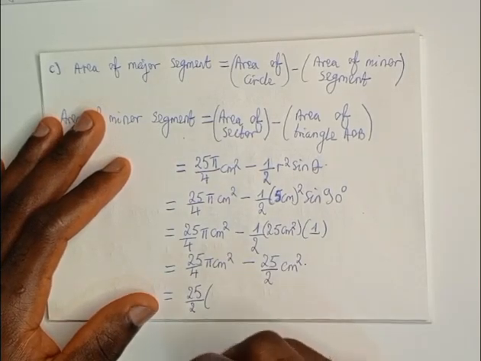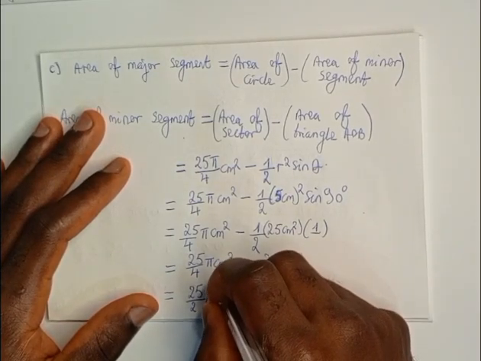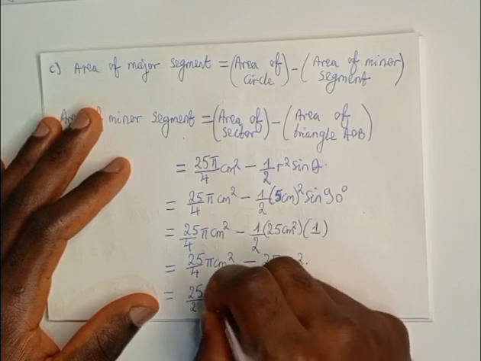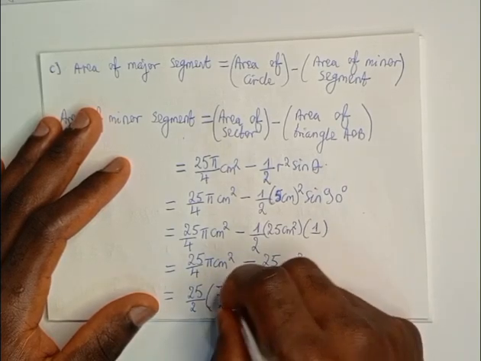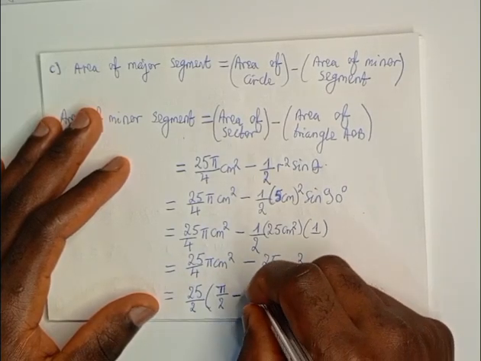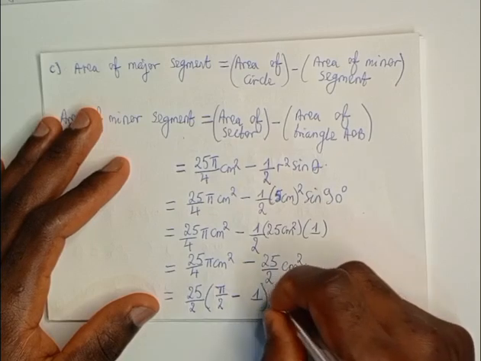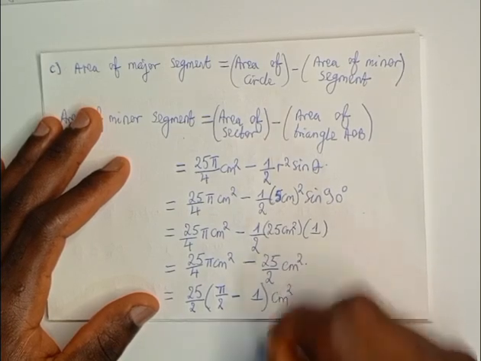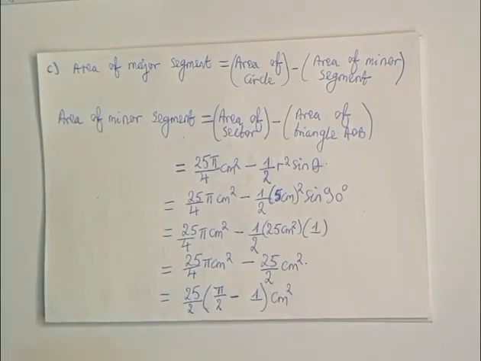Take 25 on 2 times pi on 2 minus 1 as such centimeters squared. This will be the area of the minor segment. Knowing the area of the minor segment, we can calculate the area of the major segment.